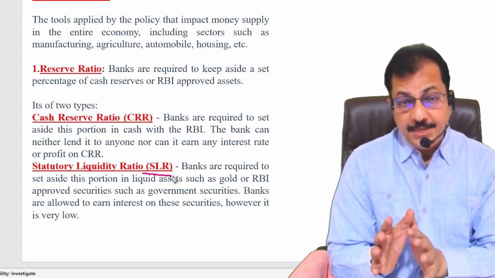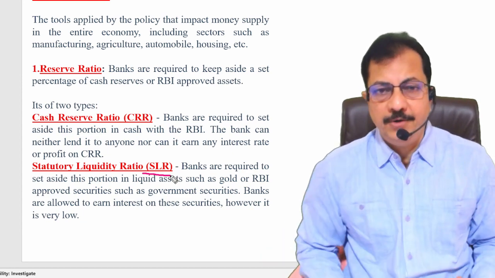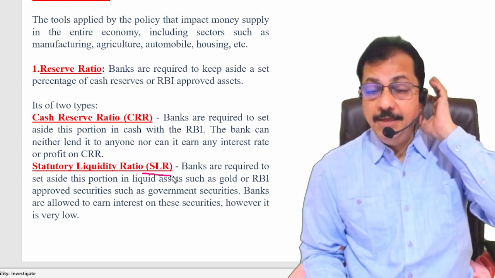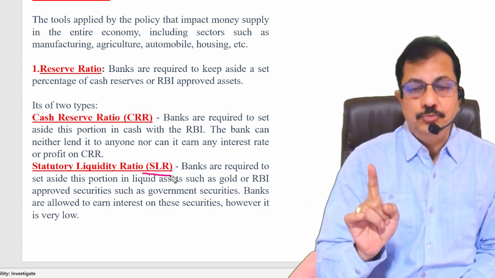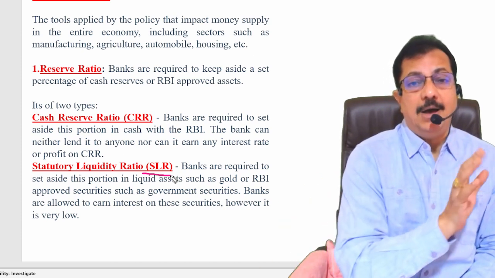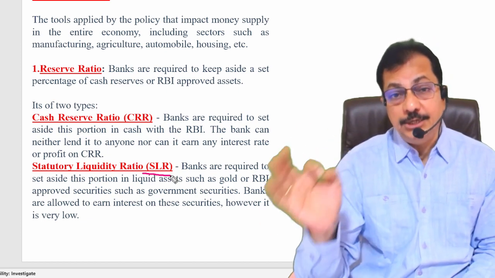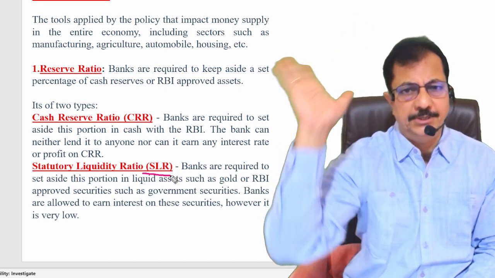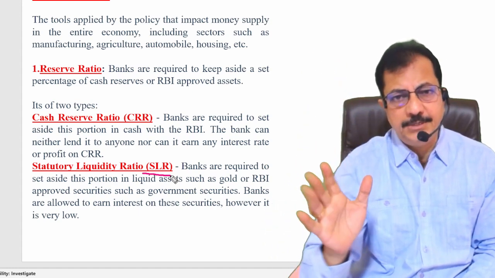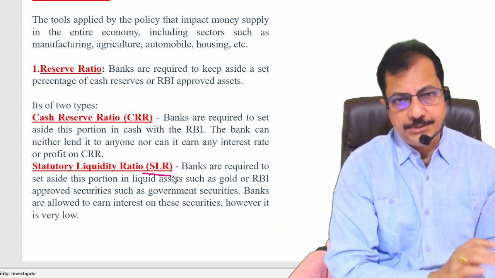In the form of CRR, you are already depositing 4.5% with RBI. Apart from that, every bank has to reserve some amount of money with RBI, and that is called the statutory liquidity ratio, and that is 18%.